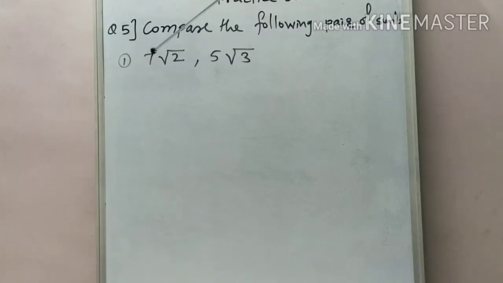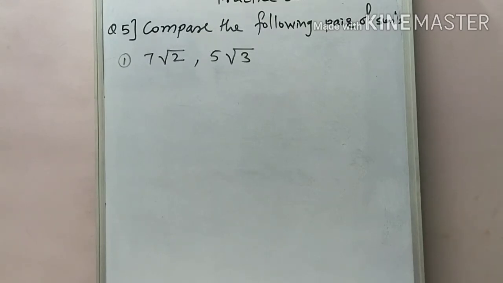So the first pair is 7 root 2 and the second one is 5 root 3. But we observe here that we have a mixed type of surd, meaning the outside is a rational number. So first we simplify this part and write the given surd as nth root of the radicand. Okay, so pay attention.